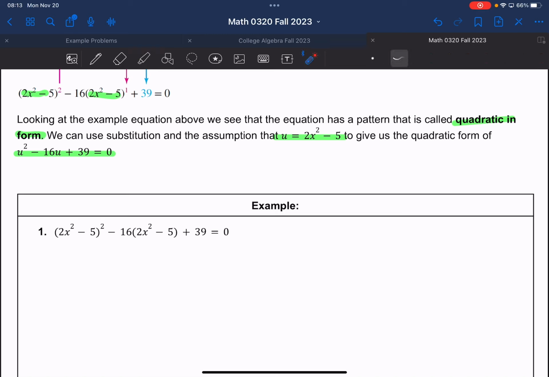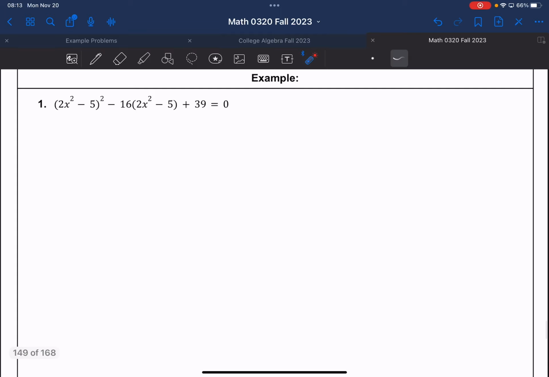Notice how instead of 2x squared minus 5, they put a U. So now we have U squared minus 16U plus 39, which is a lot easier to factor than the equation above.